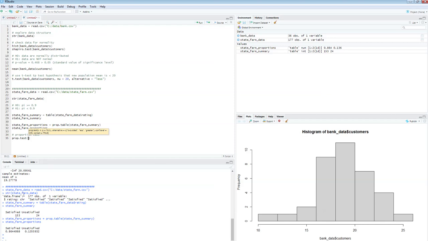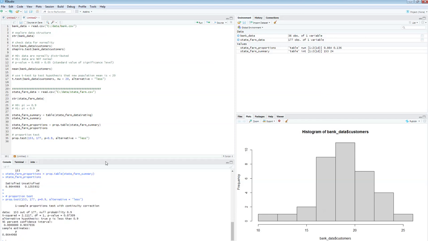What is the count of satisfied in my sample? The count was 153. Comma. What's the sample size? I know that the sample size is 177. What is the proportion p that I'm hypothesizing? That's 0.9. And what's the alternative? The alternative is, as I can see, less. I could run the test like that. Here's my p-value, 0.073.